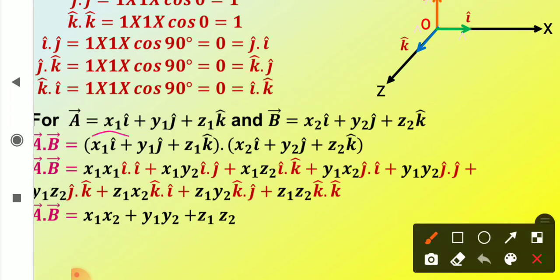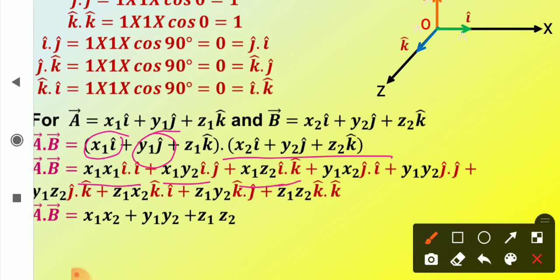First I'll multiply this term to each one of these. So you get x1 x2 i cap dot i cap plus x1 y2 i cap dot j cap plus x1 z2 i cap dot k cap, and now you multiply this to each term.